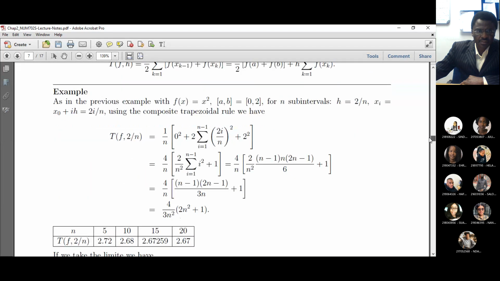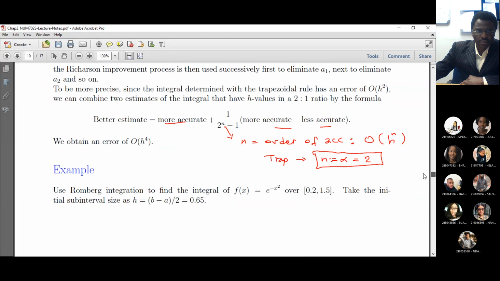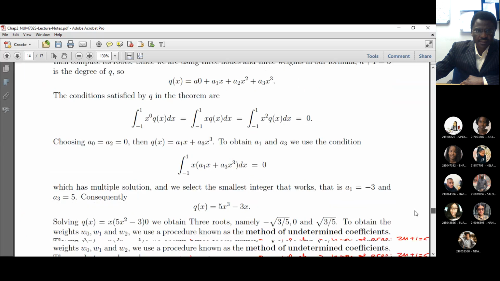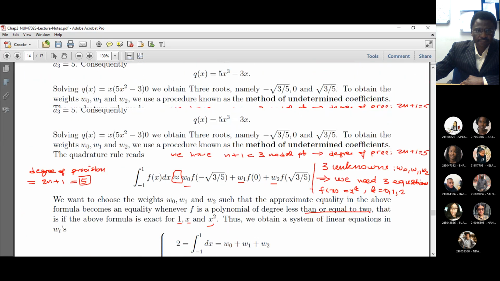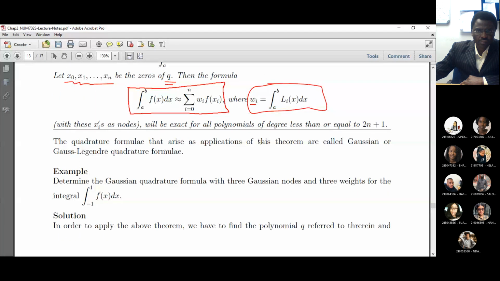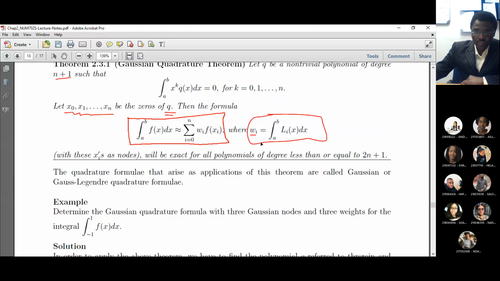Now, if I come back to the motivation of the Gaussian quadrature formula, this is what we have.